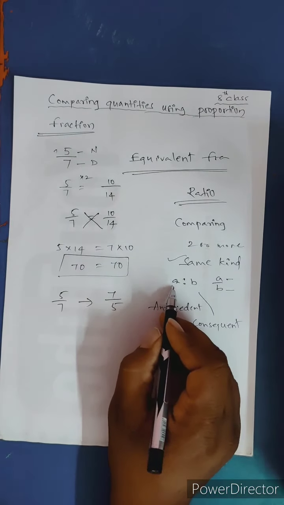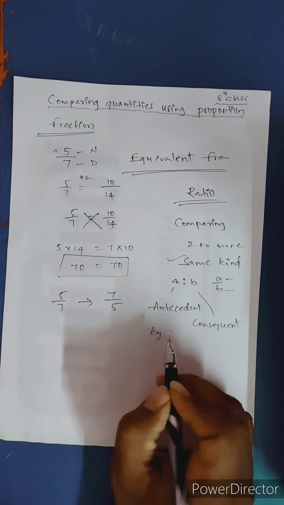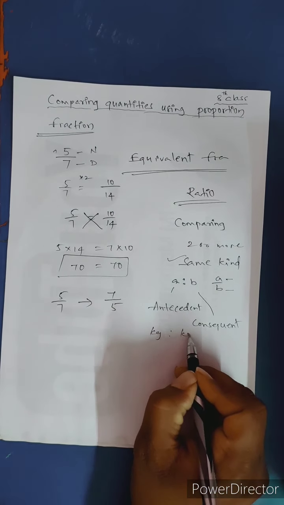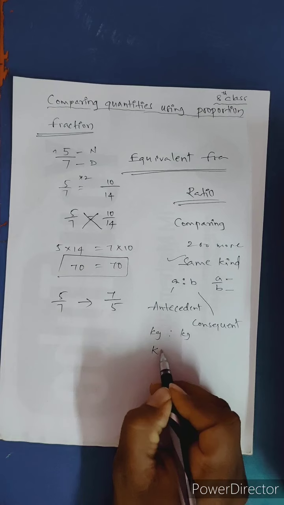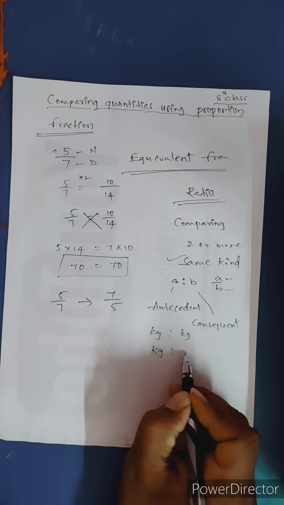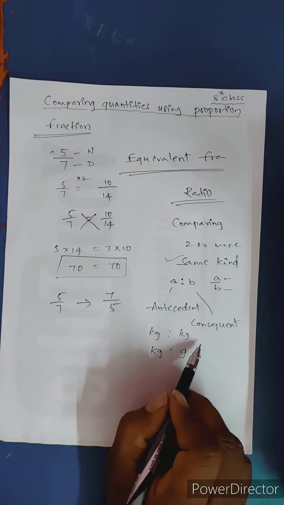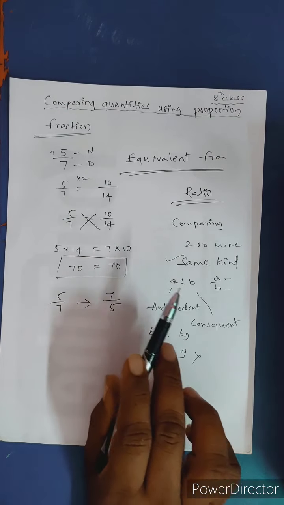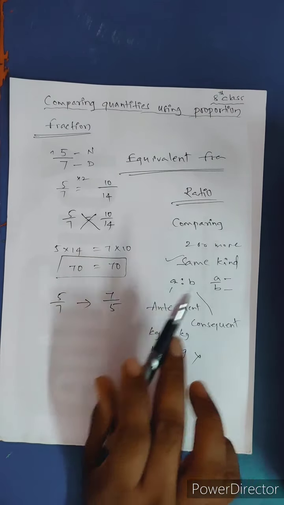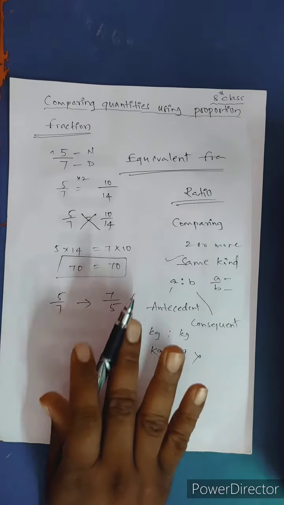If you take a term in kilograms, then the other term must also be in kilograms. If you take one term in kilograms and another term in grams, it's not correct. Take the same kind of units in division; comparing two quantities is called a ratio.